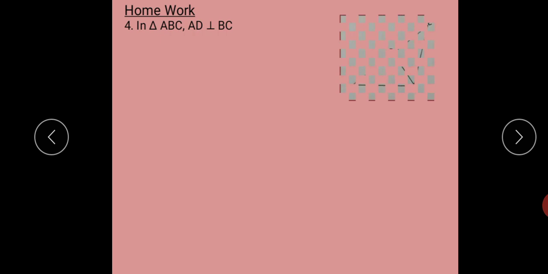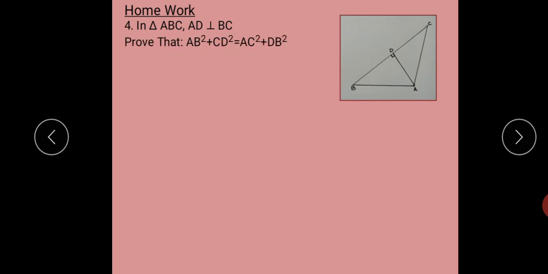Now it is time for the homework. In triangle ABC, which is not a right angle triangle, AD is perpendicular to BC. Prove that AB square plus CD square is equal to AC square plus DB square.